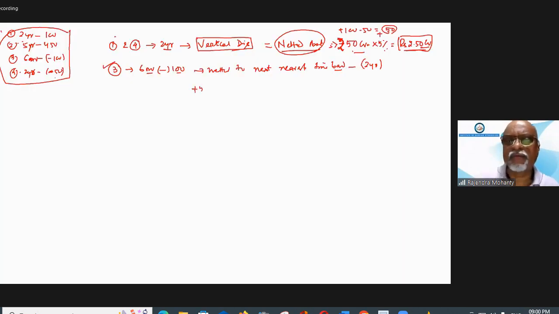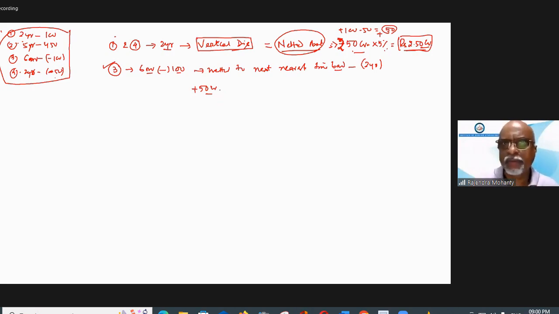So for 2 years, we have a netted value of 100 plus minus 50, a long position of 50 crore. Therefore, the netted amount will be 50 crore only.